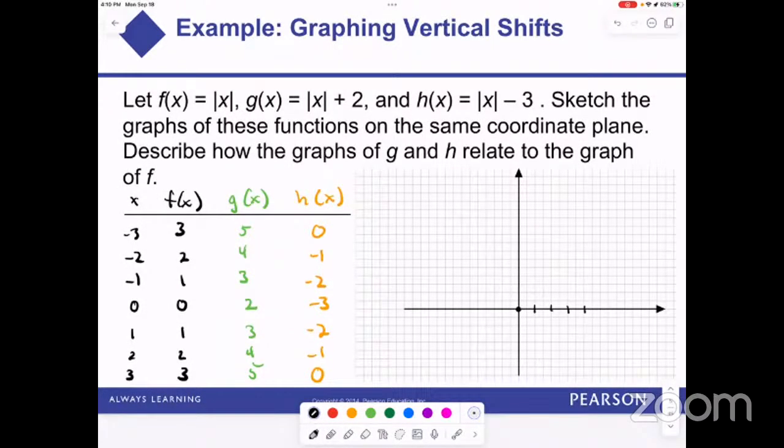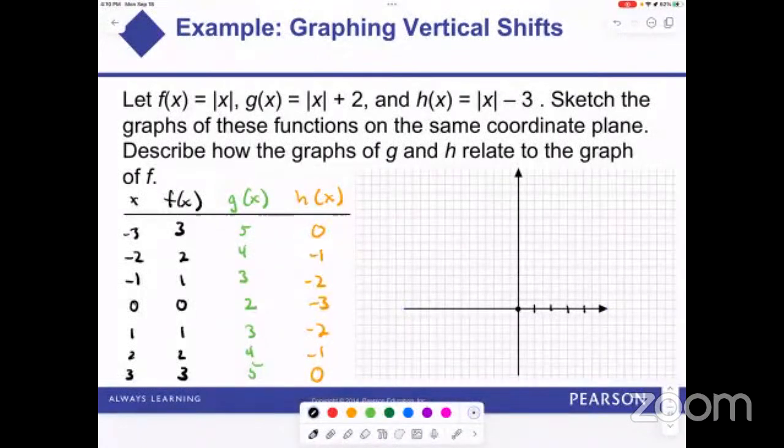So I'm just going to move this over. 1, 2, 3, 4. Okay. And then the y values. 1, 2, 3. That's enough. 1, 2, 3, 4, 5, 6, 7 is fine.